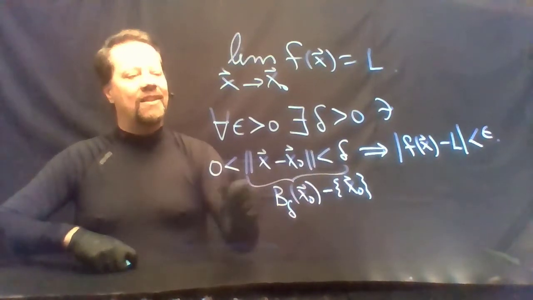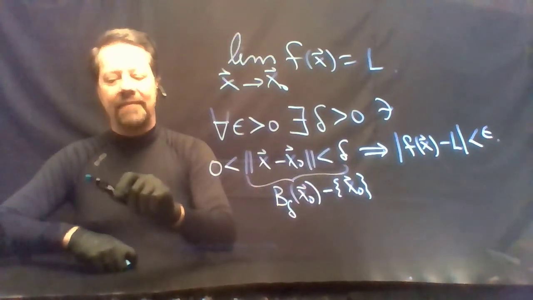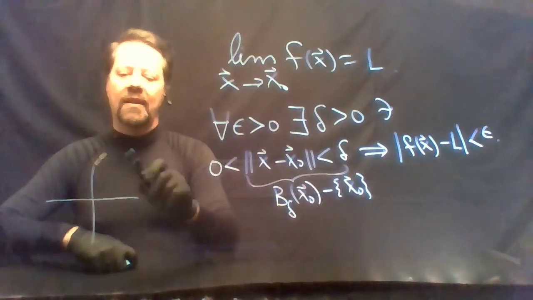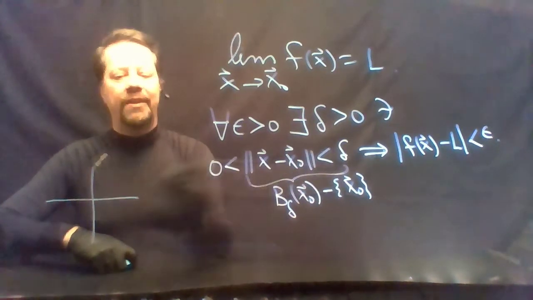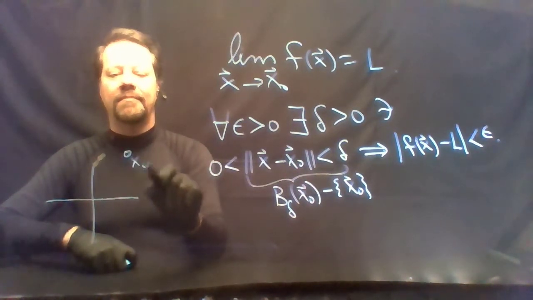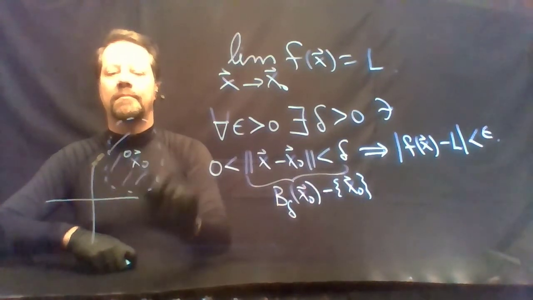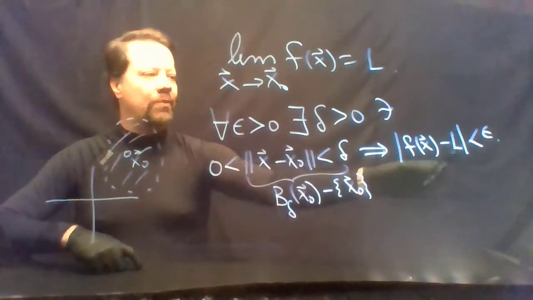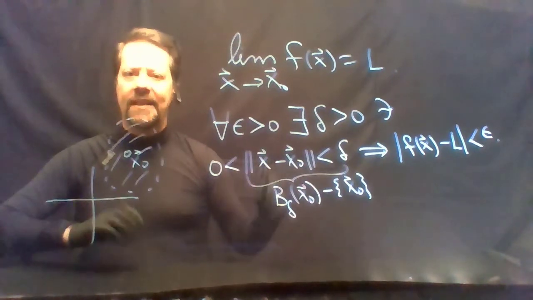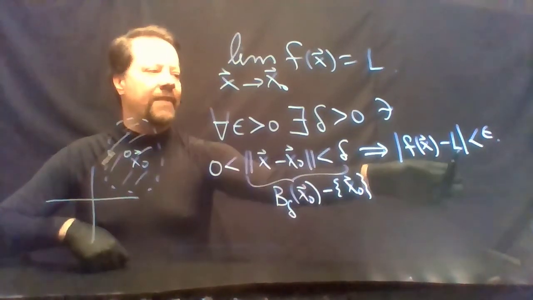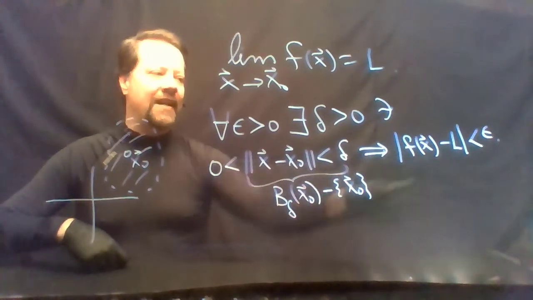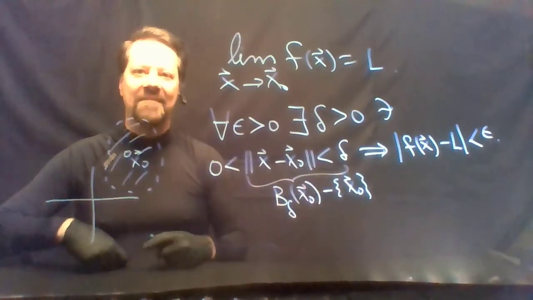Once again, you can see that we're dealing with, in the domain, a punctured neighborhood of x naught. And we're getting to within some neighborhood of the limiting value L, no further than epsilon away.